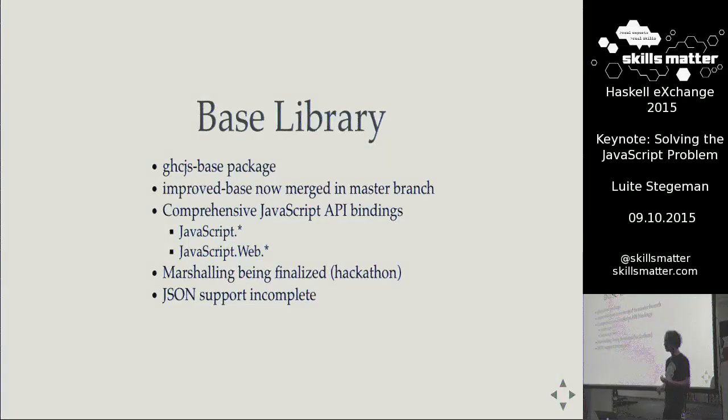It tries to do actually correct Unicode handling with surrogate pairs and things that the text library also does. But JavaScript makes this really hard since they are still stuck in the old 16-bit code points era, and so this tries to be a bit better. It also has fusion. GHCDS is hopefully going to be released on Hackage fairly soon, but we still need to flesh out the last bits of this library.